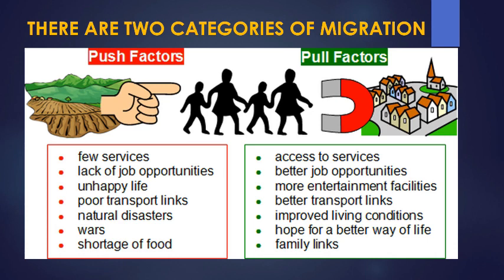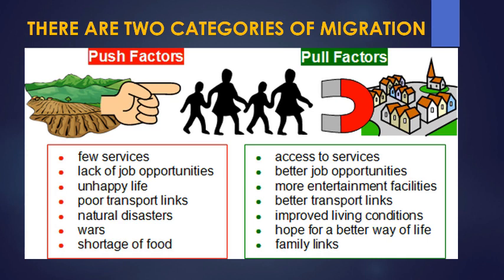First one is push factors, another is pull factors. Push factors, by the word only you can understand that the factor which push people to move or to migrate from their place.